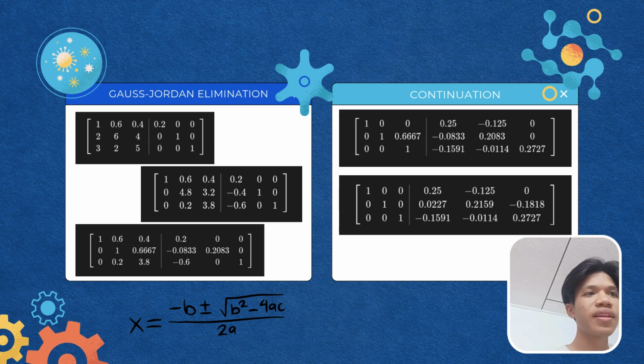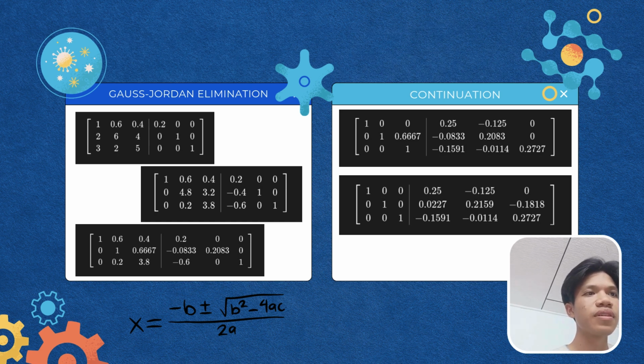Now, we make the second pivot into 1 by dividing row 2 by 4.8. Now, we eliminate the rest of column 2: negative 0.6 row 2 plus row 1 changes into row 1, negative 0.2 row 2 plus row 3 changes into row 3.